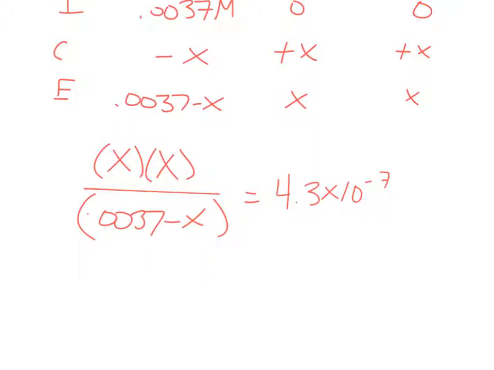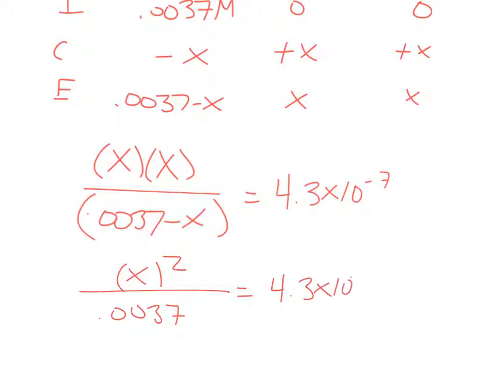So if I rewrite this, assuming this x is really small, my Ka expression sets up like this, without the x in the denominator, and that's still equal to 4.3 times 10 to the negative 7th. We'll solve for x, and I'll explain why we can do this.